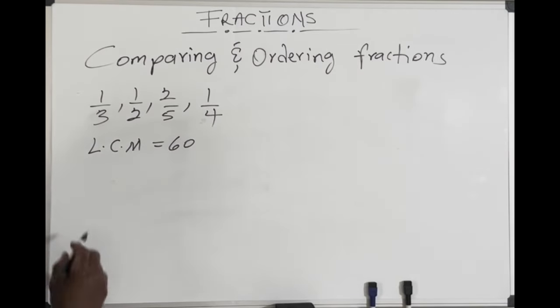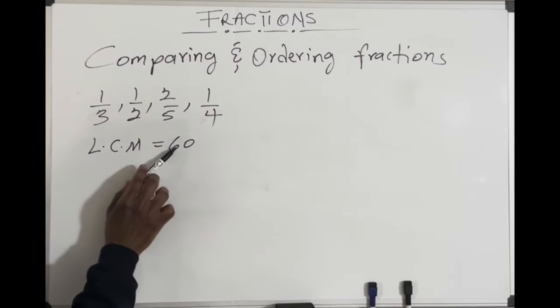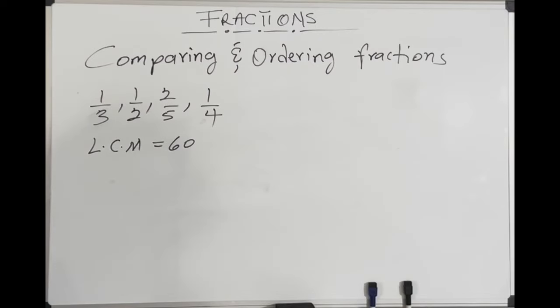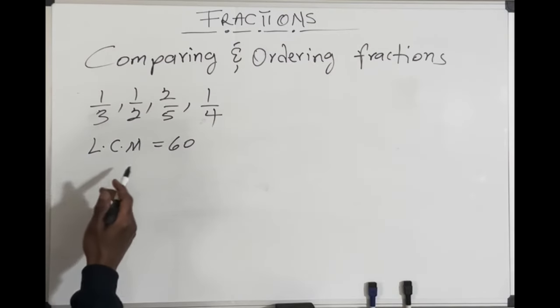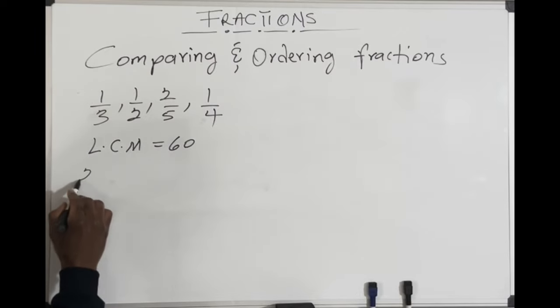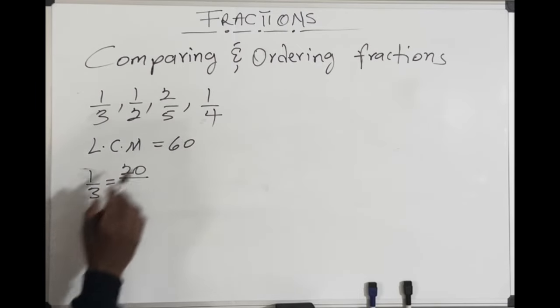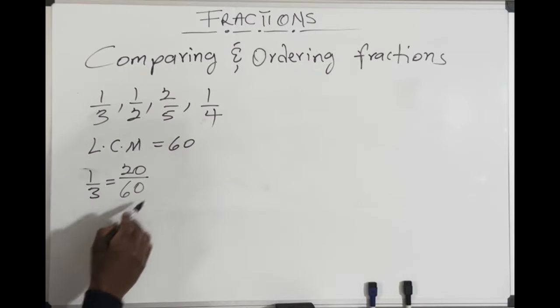All right. So then 3 times what number will give us 60? So I think 20, and then we multiply the 20 by the 1. So 1 over 3, now we'll get what? 20 over what? The least common multiple, which is what? The 60.